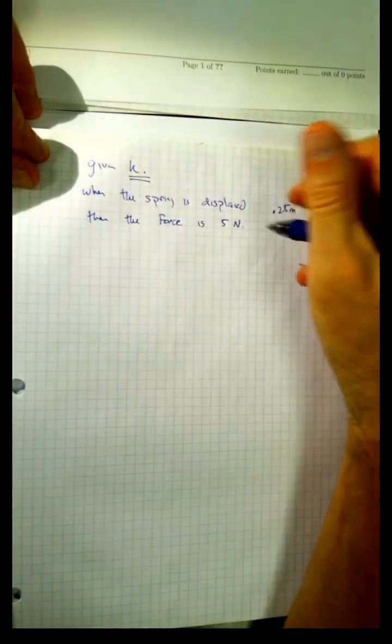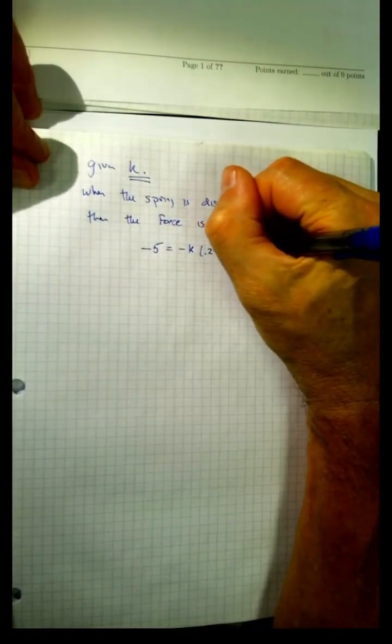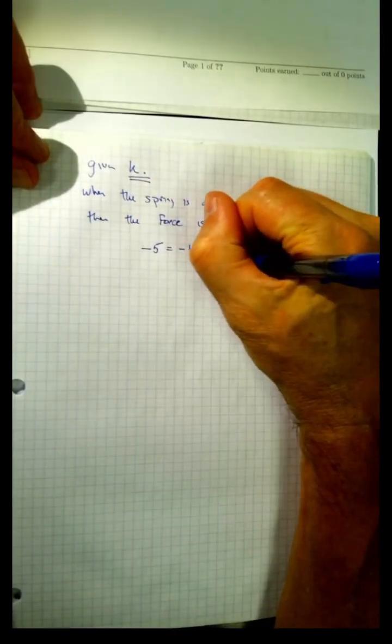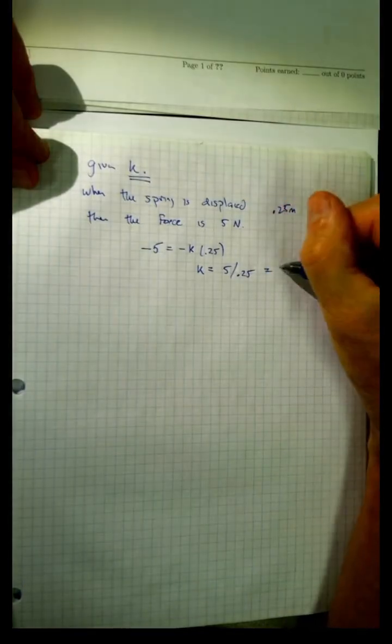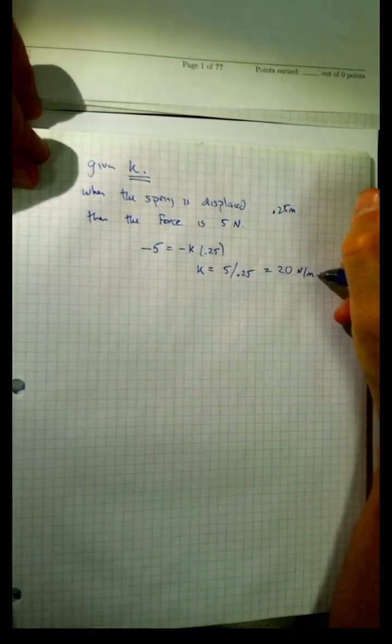So that's meaning that it's pulling at 5 newtons, and that's going to be k times that displacement. So that means that k is going to be 5 divided by the 0.25, which is going to be 20 newtons per meter.